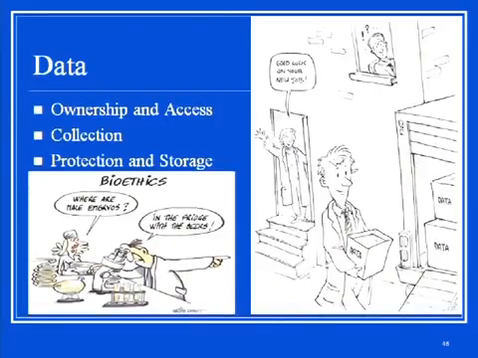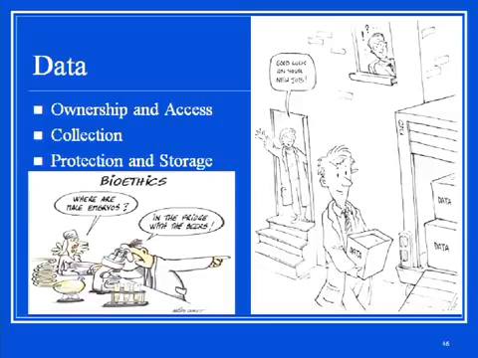Data is a big piece, right? So who has ownership of the data? Who has access to the data? One thing that's becoming really big now is how often you have to get informed consent when you want to do something different with the data. For example, you get informed consent to do one thing, and you then later on decide to do something else. Until recently, individuals were just doing the other things and not going back to get informed consent.